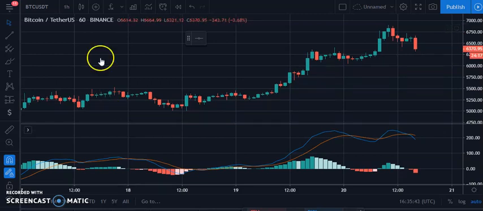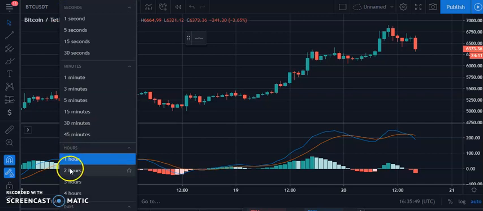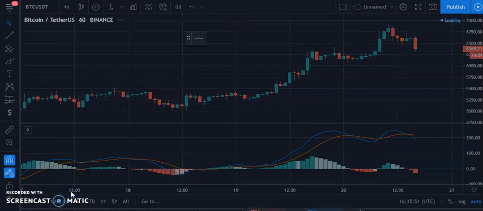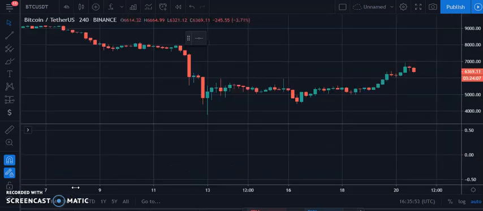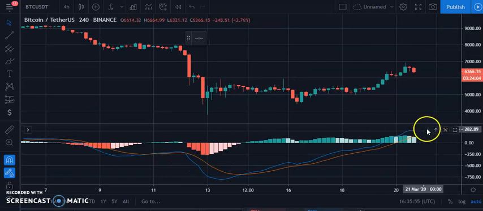Because we are trading 1 hour, our higher time frame should be 4 hours. Then we go to 4 hours and look at how the market is. In the 4 hour time frame, you have seen that the MACD line is actually above the signal line.